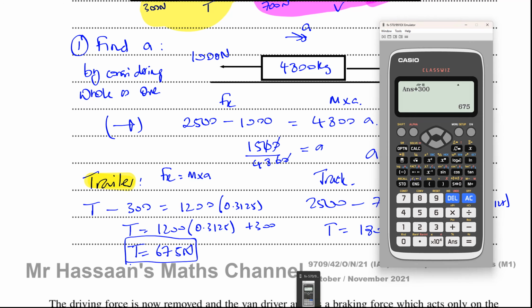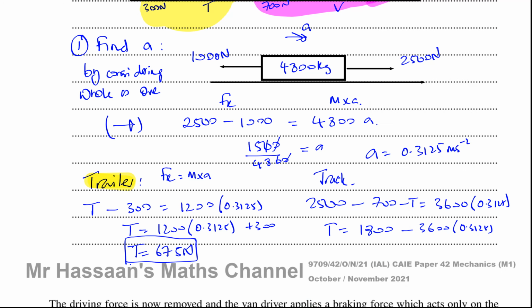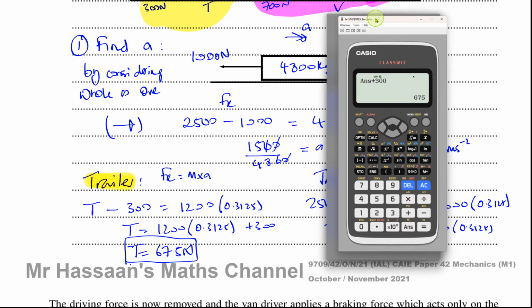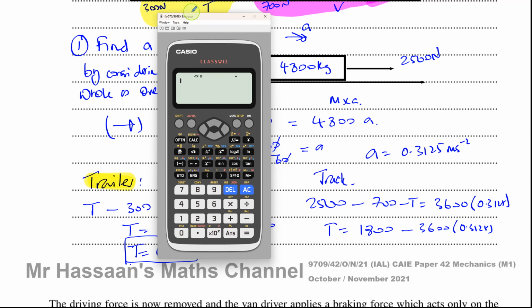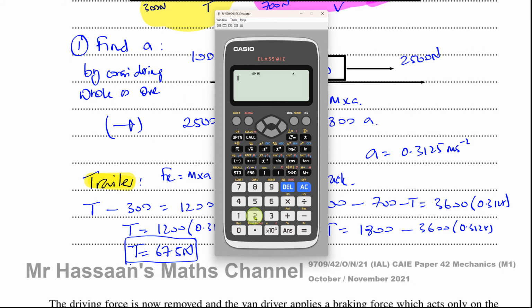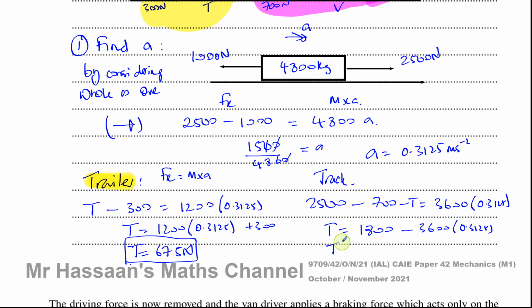Let's see if we get the same answer. That gives you exactly the same answer, 675 newtons. So it doesn't matter which way you do it. We use the trailer or the truck, we get the same answer in the end.